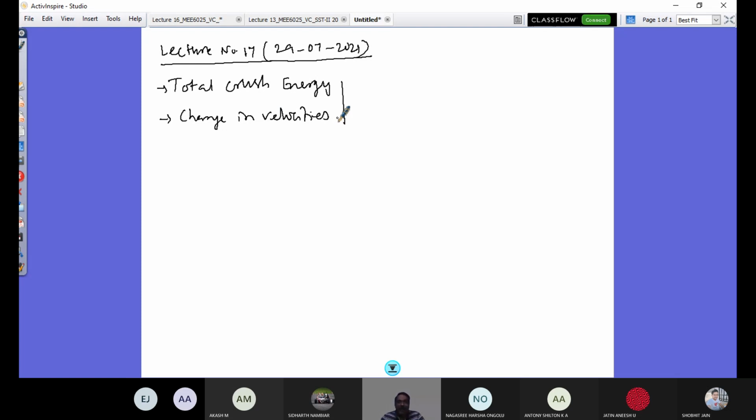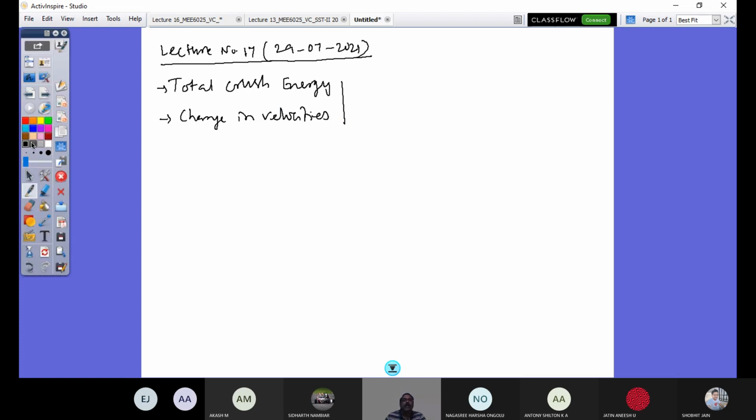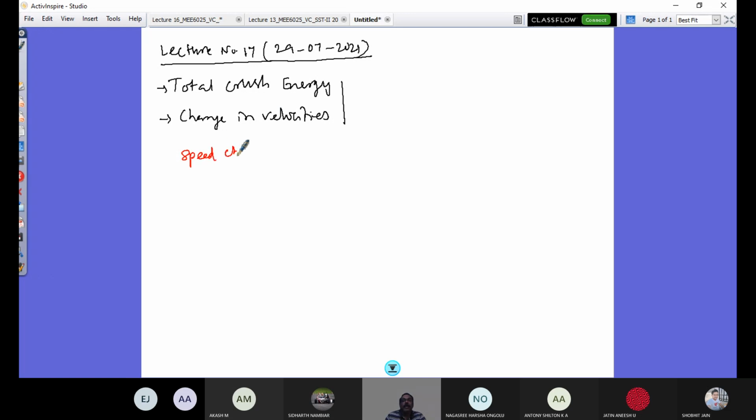So speed change of a vehicle is inversely proportional to its mass. Let me write that statement and then we will prove that. Speed change of vehicle is inversely proportional to its mass.